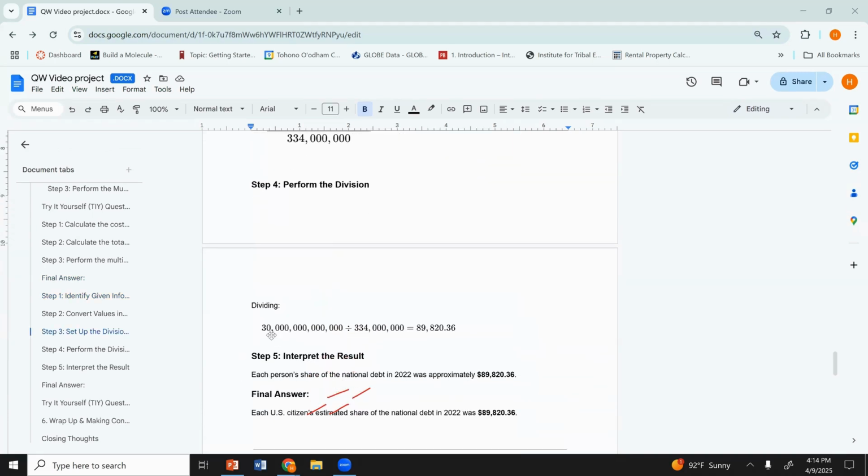If you do the 30 trillion divided by 334 million people, that's going to give you 89,820.36. So that means $89,820 per person.